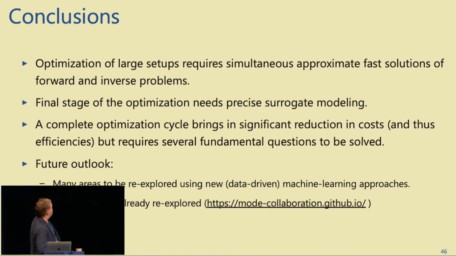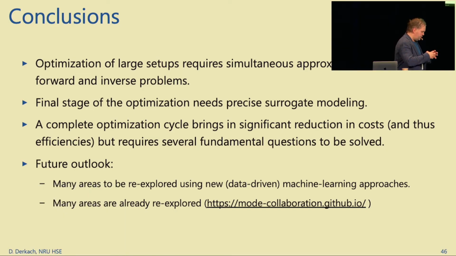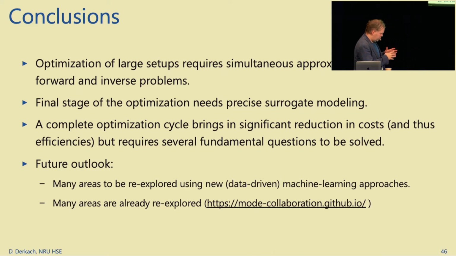So the challenge is actually the following. We need optimization of the large setup that is requiring quite a lot of computing power. And the problem is that this computing power is somehow situated inside the physics-based modeling.